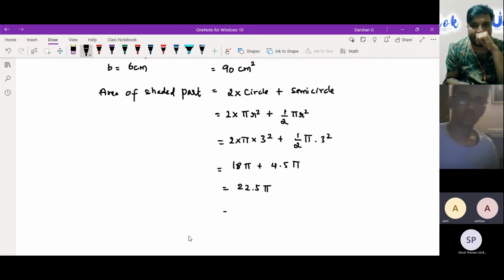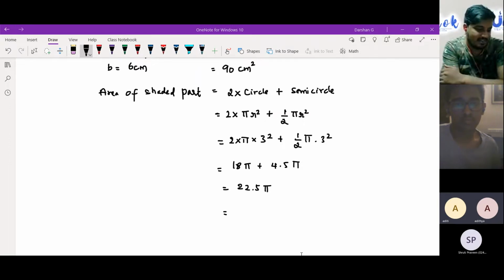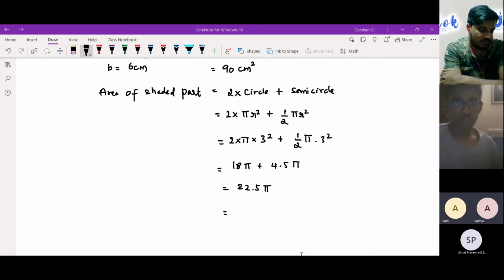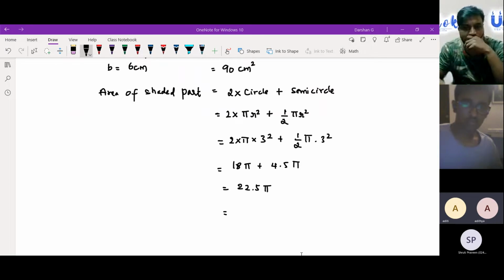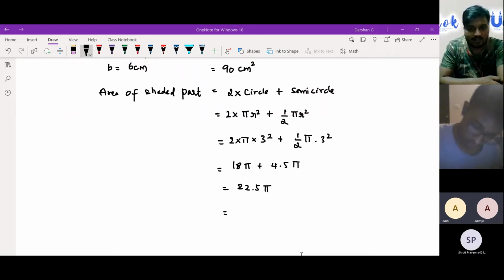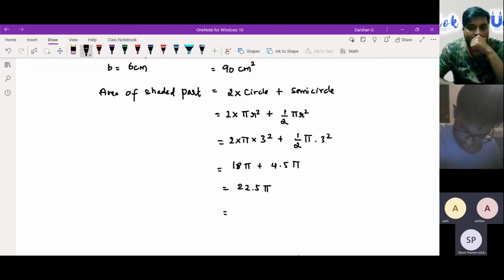So you can put pi as 3.14, then find the answer. Can somebody find and tell me the answer quickly? I got 70.65 and the final answer is 19.35 centimeters.